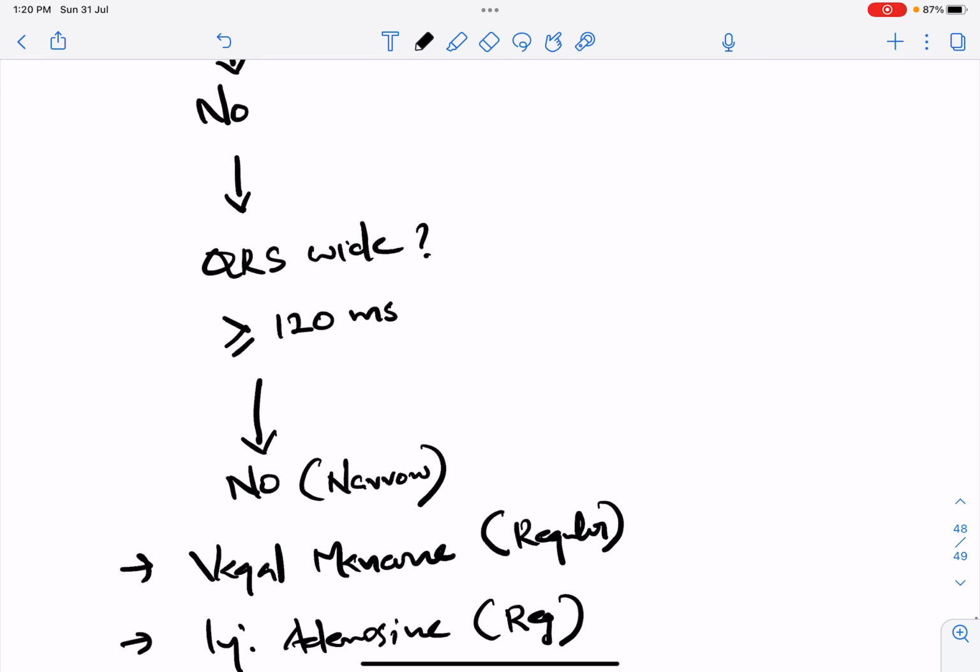What if it is not narrow, it is wide? Okay, it is wide QRS.